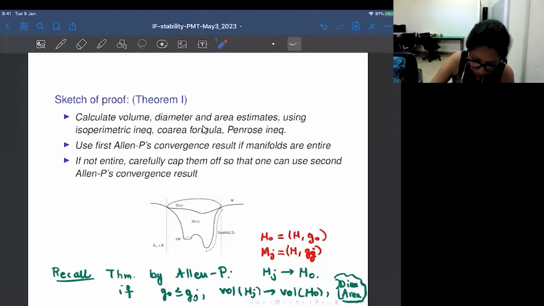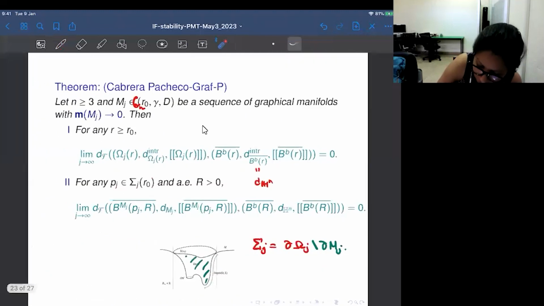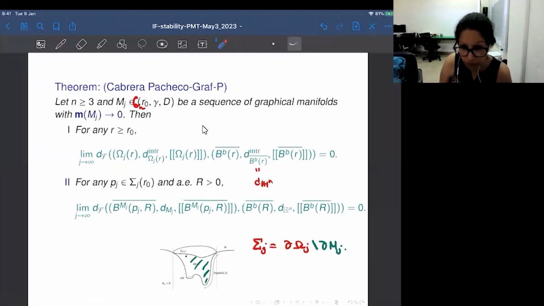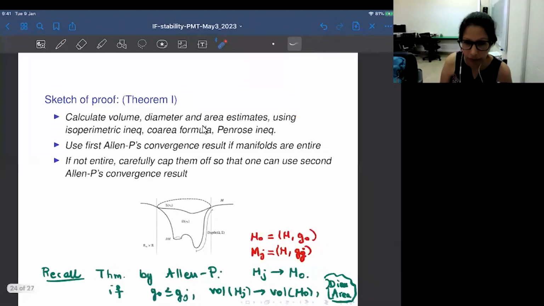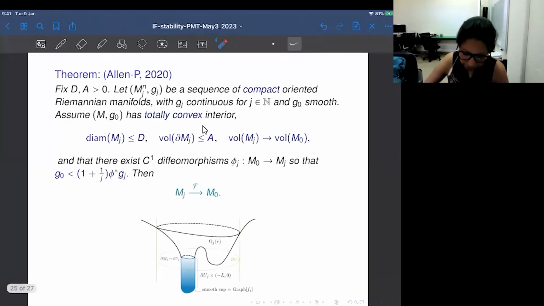And here I want to prove convergence of these regions that might not be diffeomorphic to a ball, and we want them to converge to a ball, okay? So they don't have the same topology. So because they don't have the same topology, what one has to do is the following. We have to cap them off if the topology is not the same.